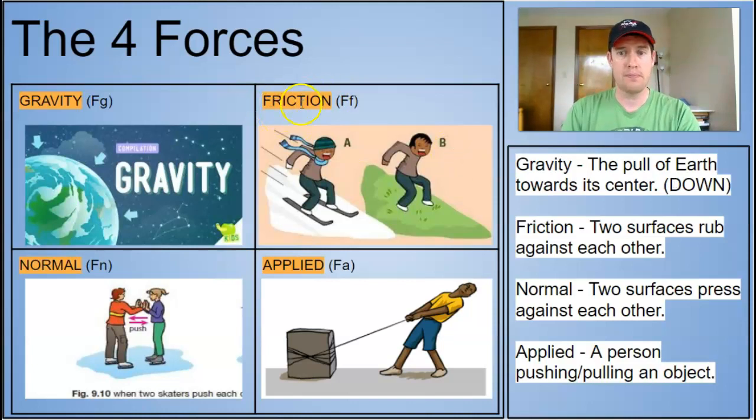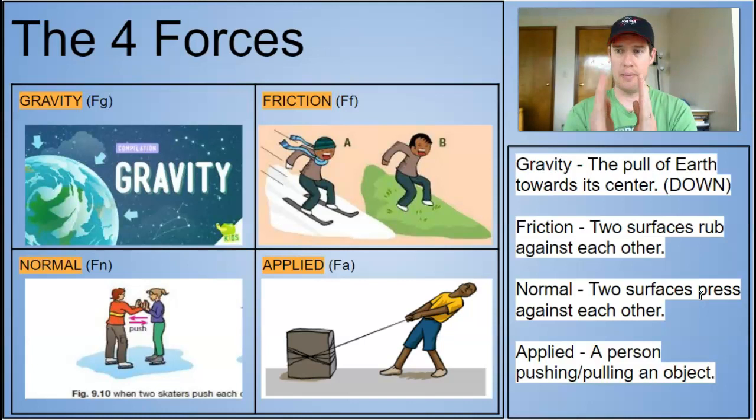Okay? Next is going to be the normal force. Now, this one might be a very abstract or, I would say, new concept to you. But a normal force acts when two surfaces or two objects press against each other.